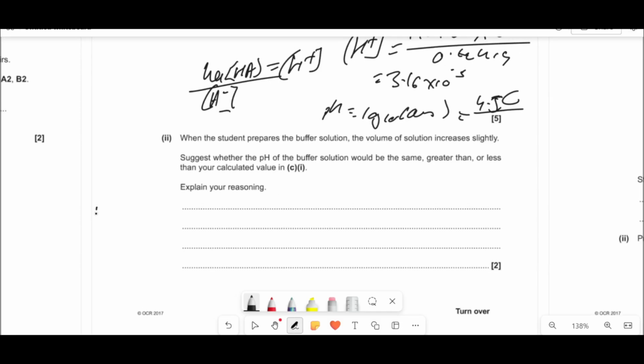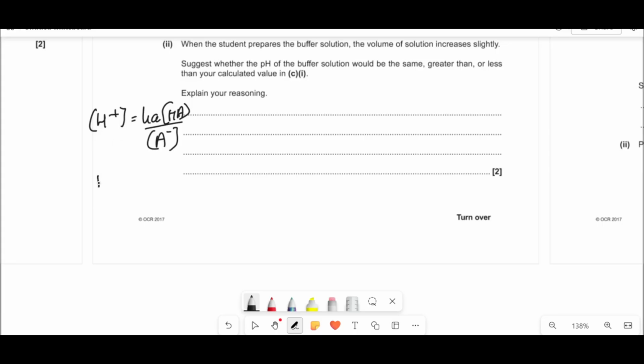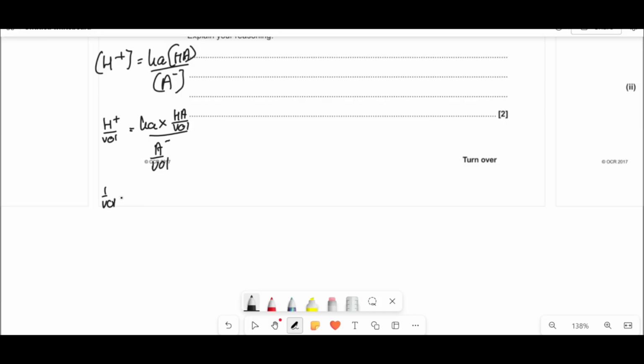So H+ concentration equals Ka HA over A-, right? This concentration I can rewrite as H+ over a volume equals Ka times HA over a volume, over A- over a volume. Now I can make this a little bit nicer and say 1 over volume times H+ equals Ka times 1 over volume, HA, over 1 over volume, A-.